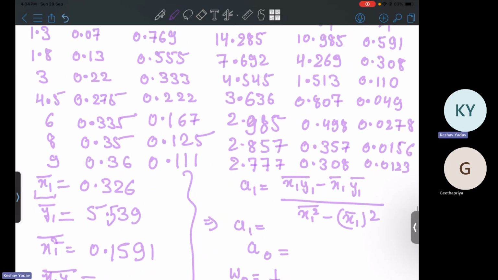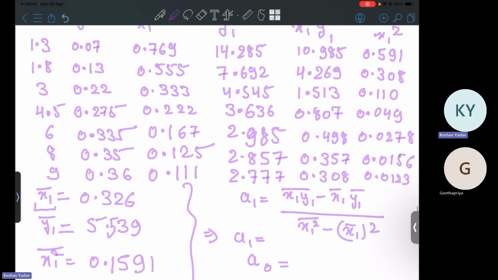We need to calculate the xy bar. That will be equal to 10.985 plus 4.269 plus 1.513 plus 0.807 plus 0.498 plus 0.357 plus 0.308, divided by 7.